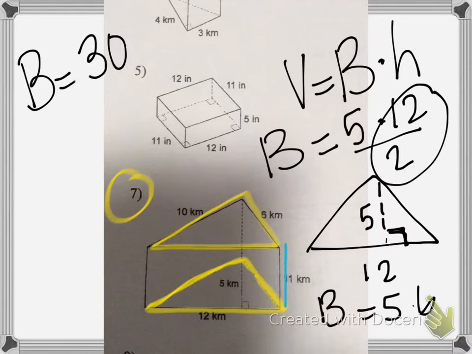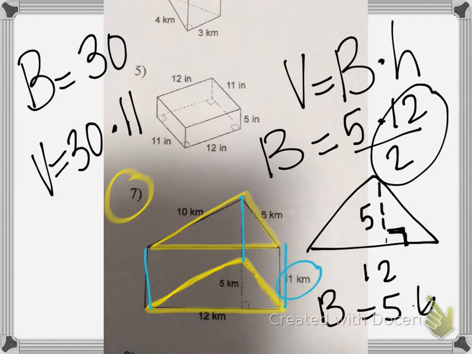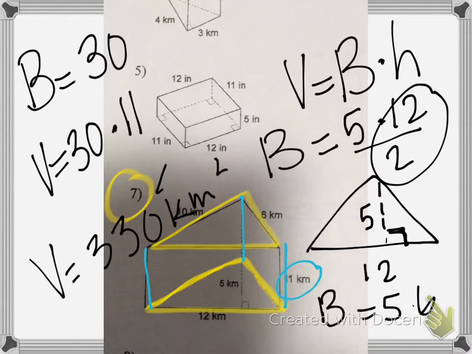The height connects them. So the height is 11. So volume is 30 times 11. So I believe that is 330. And that's kilometers cubed.